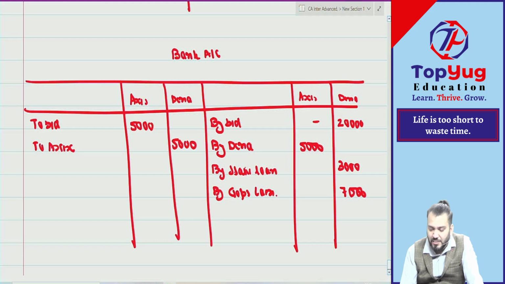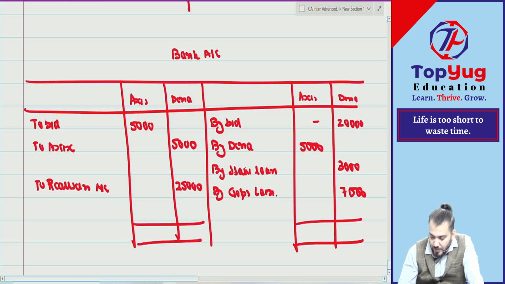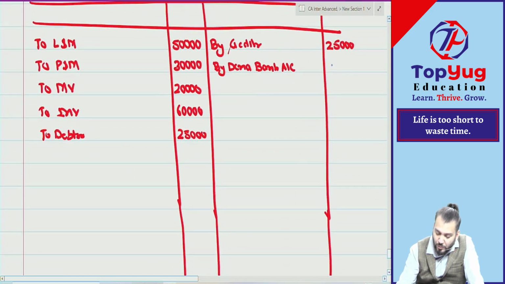Any realization expenses there? There is no realization expense. So what is the balance? Can I say this balance will be transferred to realization account only? So we write down realization account, 25,000. Have you understood this point? Correct. So we have got this amount, 25,000.